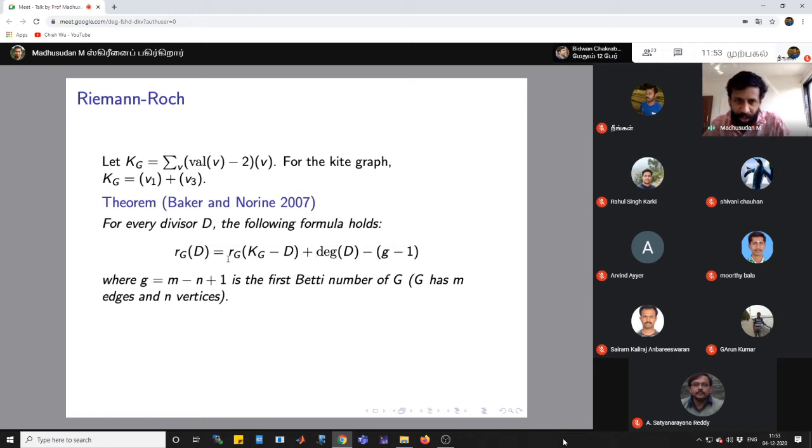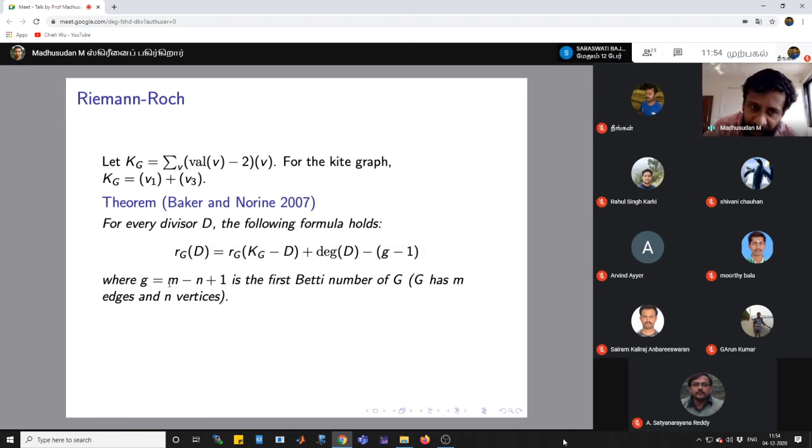And in the right hand side of this formula, I think we know all these terms except the small g. What is the small g? So the small g is what is called the first Betti number of the graph. It's also called the cyclomatic number of the graph. It's the first Betti number if you think of the graph as a simplicial complex of dimension 1, and it has a simple formula.